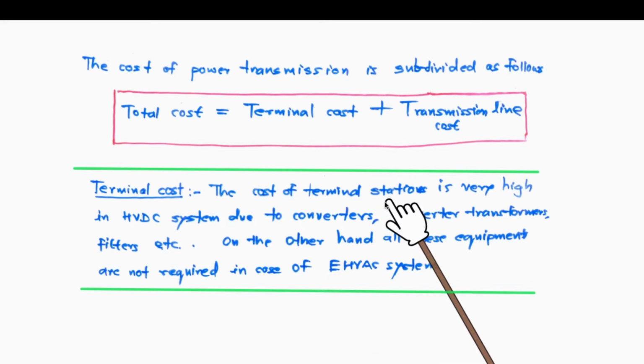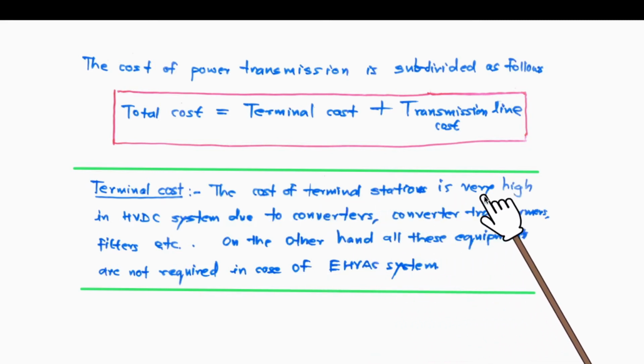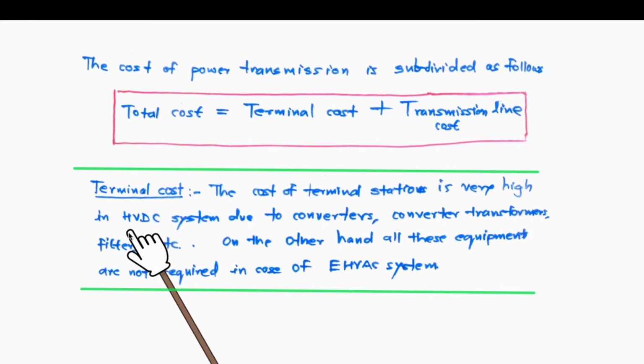Generally, this cost of the terminal station is very high in an HVDC system as compared to an AC system, because not only are generators and step-up transformers required, but you need additional elements which are otherwise not present in the AC network, like the AC to DC and DC to AC converter circuits. These are high power circuits for bulk power transmission.